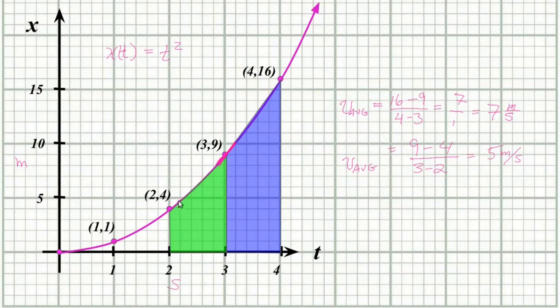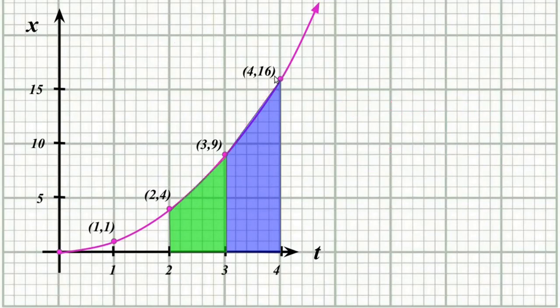Well, clearly, before 3 seconds, my average speed had been, for some amount of time, 5, and after 3 seconds, my average speed is going to be 7 over some period of time. So in between, the average speed better be some number between 5 and 7, I think, because it looks like this is getting steeper, which means getting faster.